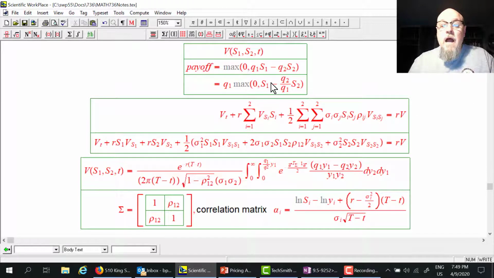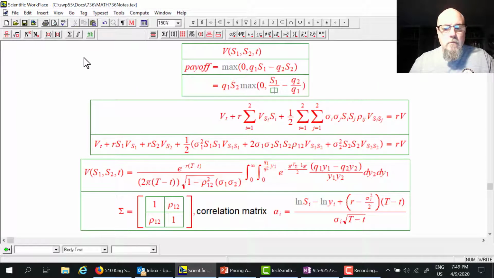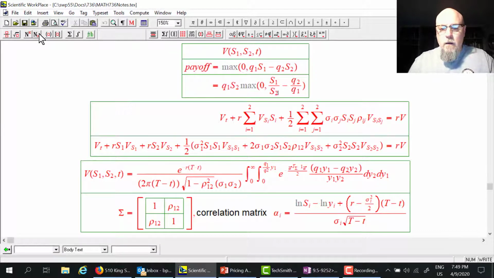And I'm going to do the same thing, but factor out an S2. Now I've expressed this payoff as the number Q1 times the stock price S2 times the maximum of 0, or how the ratio compares to the ratio of those quantities.